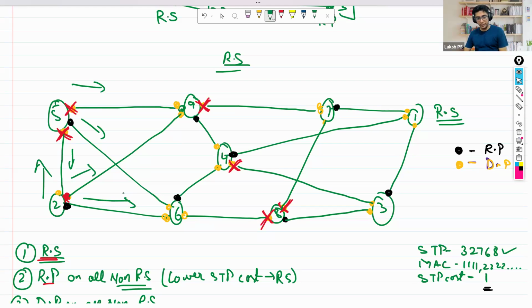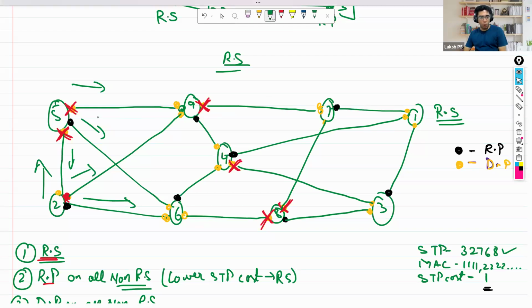When BPDUs are getting exchanged between them, obviously they will find out each other's MAC address and each other's priority. Based on that, they can easily find out who is going to be the root switch. Eventually, switch 1 will become the root switch because it will have a lower MAC. Got it?